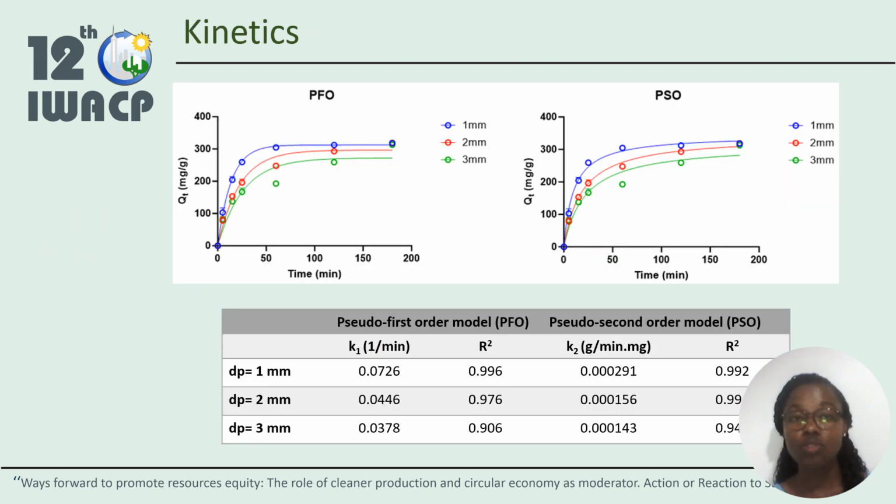Particle sizes of approximately 1, 2, and 3 millimeters were used for modeling with the aim of upscaling in future studies. Kinetics were modeled by pseudo-first order and pseudo-second order kinetics. The latter provided the best fit for the generated data.